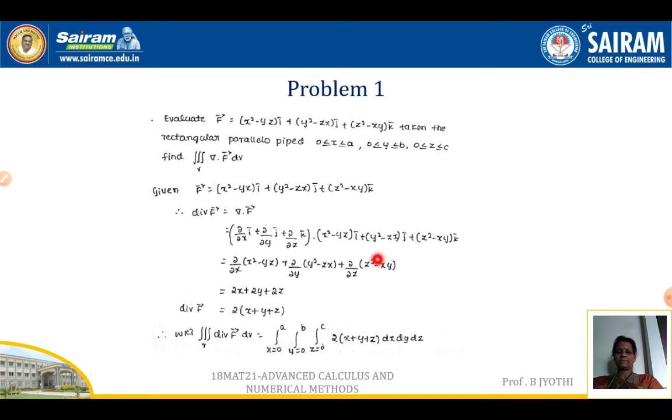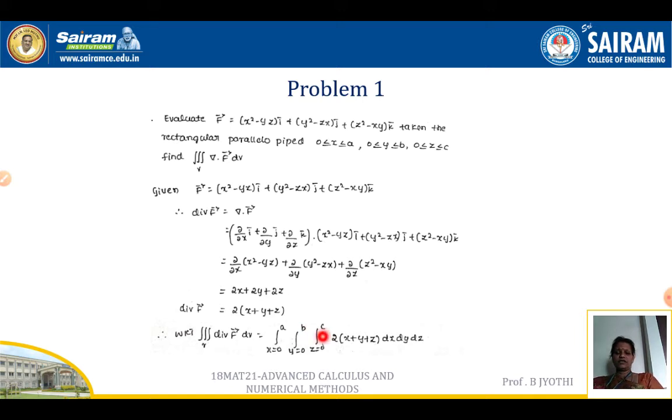If we take it, then it is dou by dou x of x square minus yz plus dou by dou y of y square minus zx plus dou by dou z of z square minus xy. That gives us 2x plus 2y plus 2z, or 2 times x plus y plus z. Here the limits are given: x is varying from 0 to a, y is varying from 0 to b, and z is varying from 0 to c.